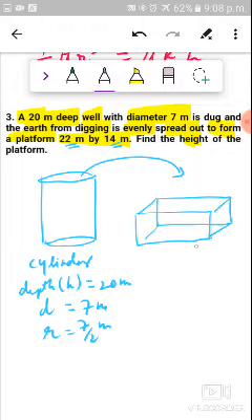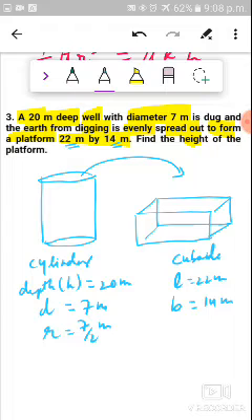Okay, and this is a cuboidal platform, a cuboid. Okay, so the length is 22 meter, the breadth is 14 meter, and height we are finding here.